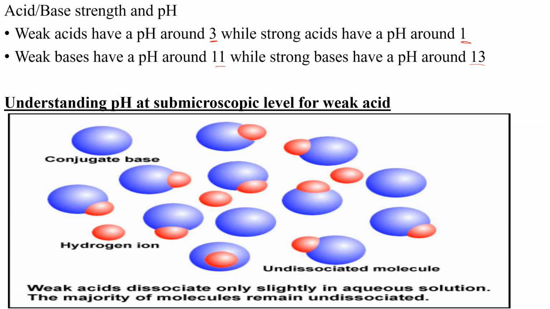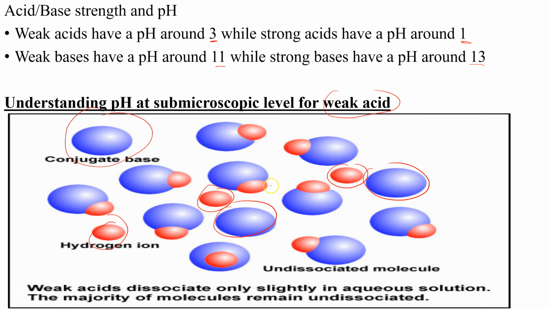All right, so understanding pH at a microscopic level. Here is your acid and base. You have an individual undissolved molecule, undissociated. The reason it's undissociated is that it's a weak acid, right? It partially dissociates. If you look carefully, only one of them broke apart, and the rest stayed together. This one was slightly connected, this one was kind of separated too. So here you have 2, actually 3.